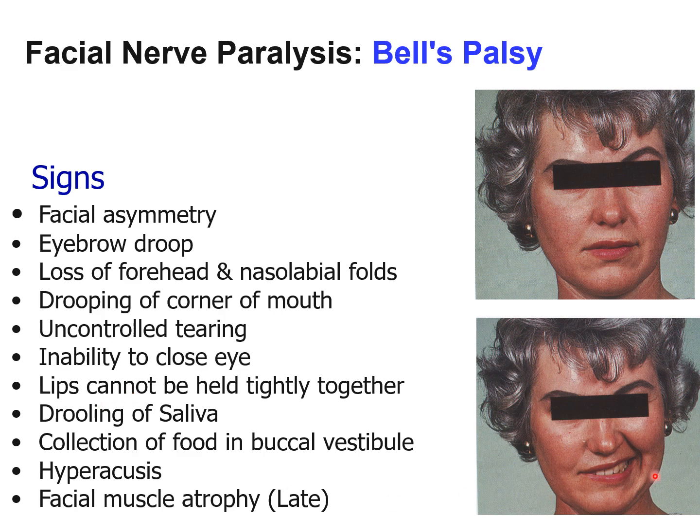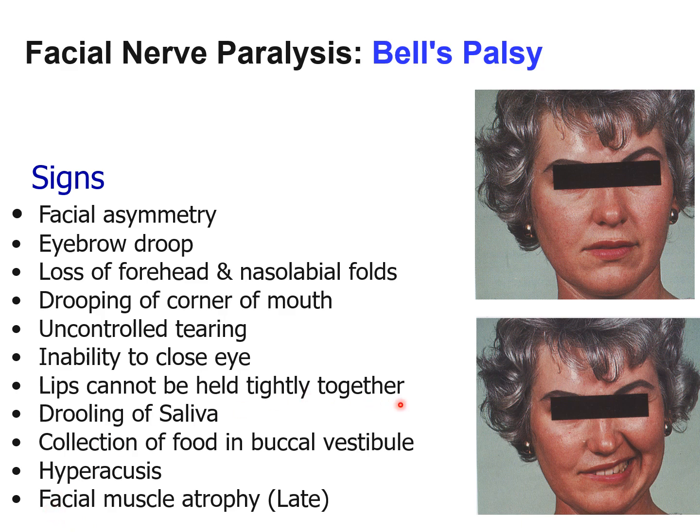Difficulty in pursing the lips together due to compromised function of the orbicularis oris muscle. Drooling of saliva. Collection of food in the buccal vestibule on the affected side, which would be due to compromised function of the buccinator muscle. Hyperacusis, which is loud noise intensification due to compromised function of the stapedius muscle.